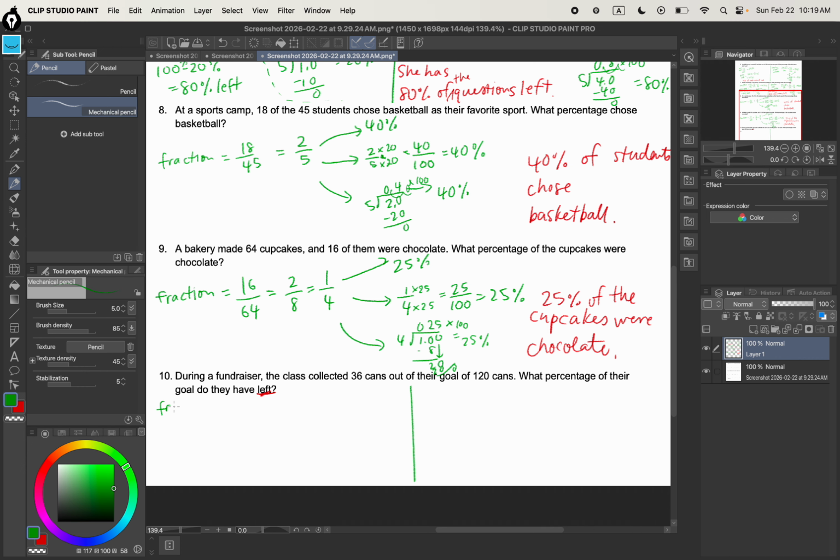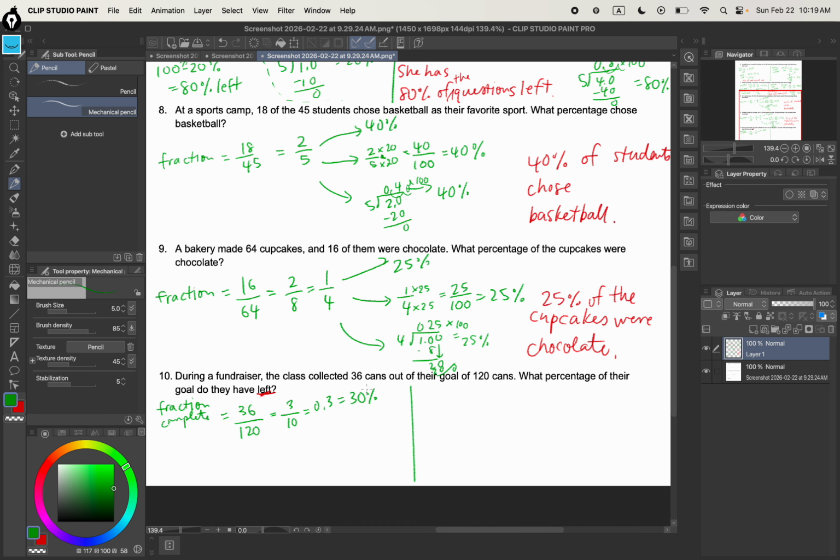I can do fraction complete, which is 36 out of 120, right? They've collected 36 cans out of their goal of 120. The total is at the bottom. If I simplify that, I can divide by 12, which is 3/10, which is then 0.3 or 30%. Okay.